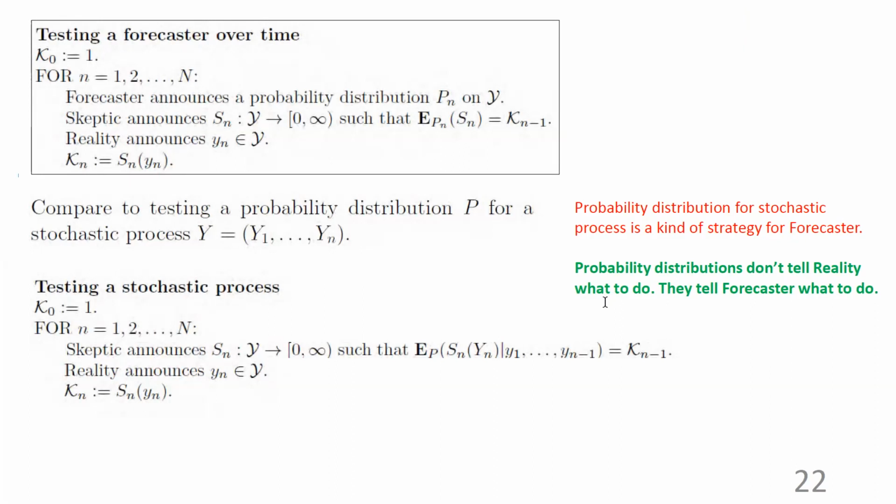Yeah, they are a strategy for forecasting. Yes, that's right. Is that basically saying that in this framework you embody a subjective interpretation of probability, because different forecasters may have different distributions that they propose? Yes and no.